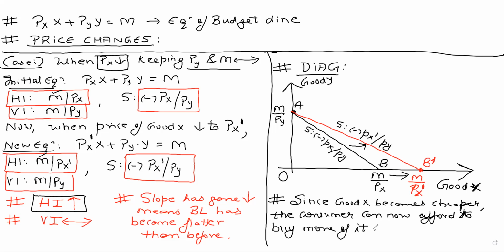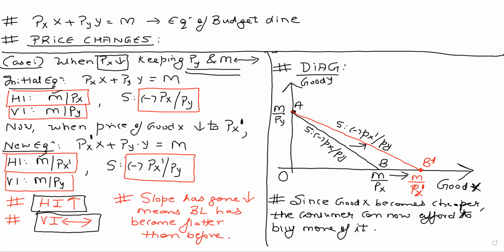Nothing is happening to good Y intercept because good Y price is not changing. So vertical intercept remains the same. There is no change in the vertical intercept. So hoping that students have understood this case.